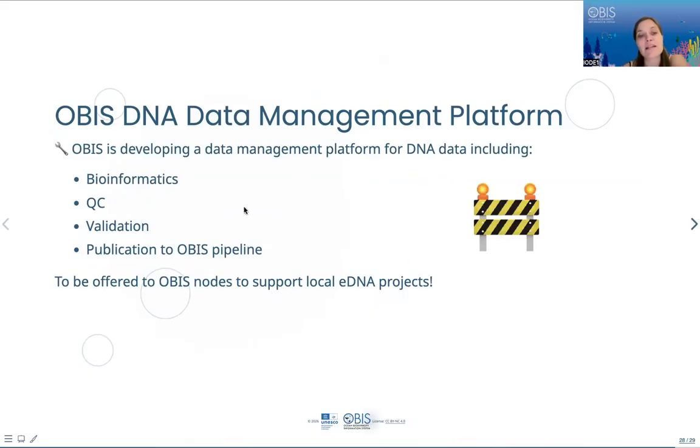Especially the taxonomic validation is a very interesting part of this platform, because it allows you to check that your taxonomic annotation matches what we geographically expect from that location. So you could potentially find errors in your annotations because that species is not expected to be found in your location.